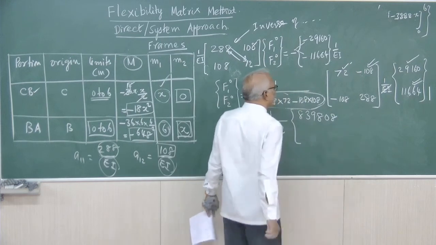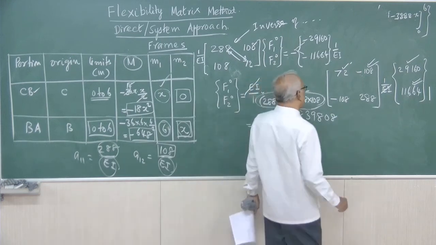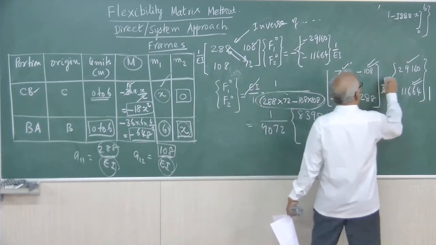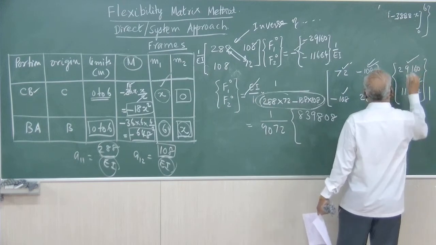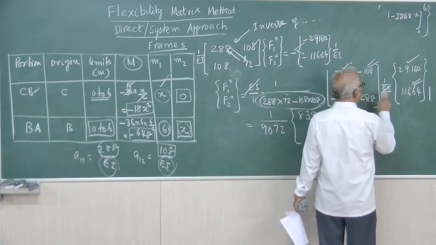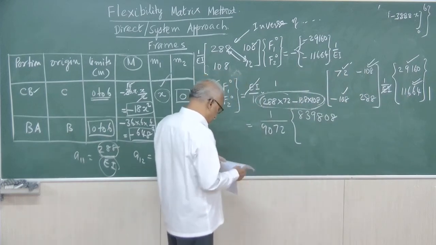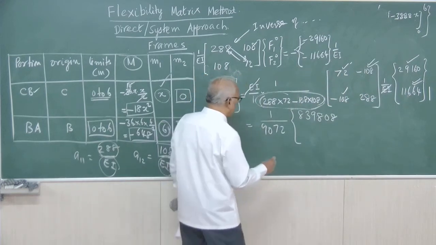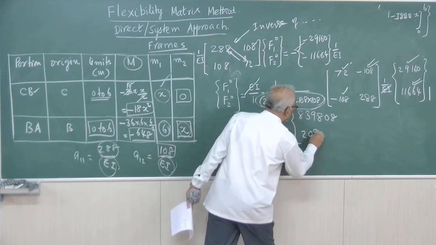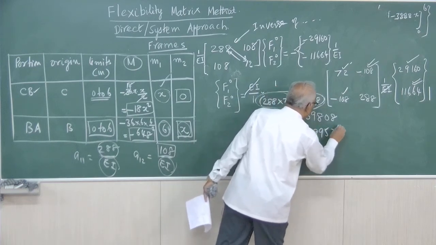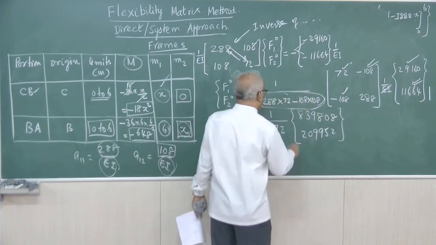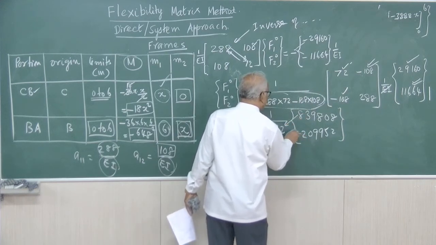839808, first value. Right. Now coming to the second one. So minus 108 into the first value, then plus 288 into second value. So that value equal to 209952. So now this divide by this and this divide by this.